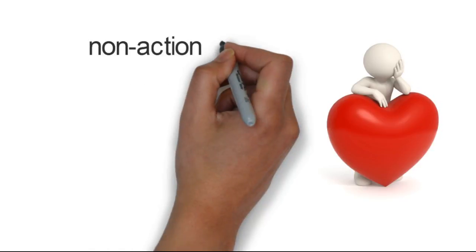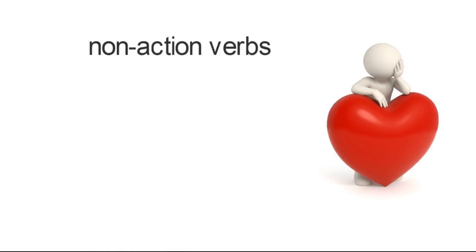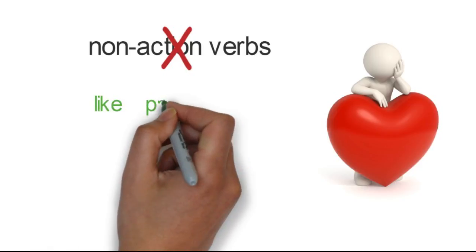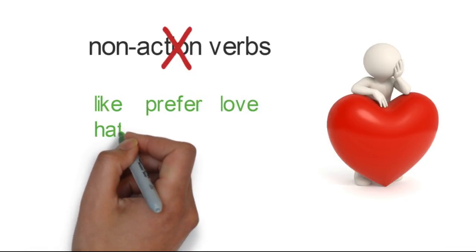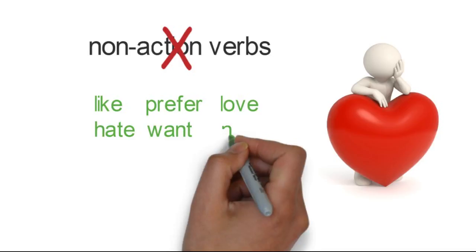We can't use non-action verbs in the present continuous tense. These are verbs such as like, prefer, love, hate, want, and need.